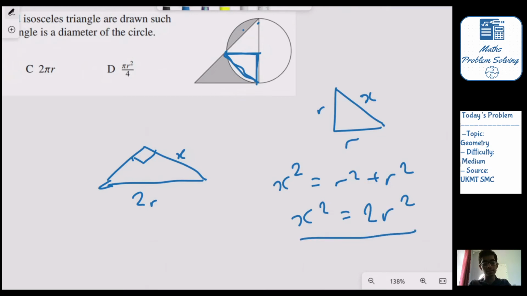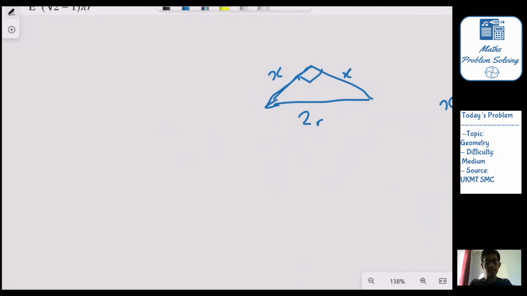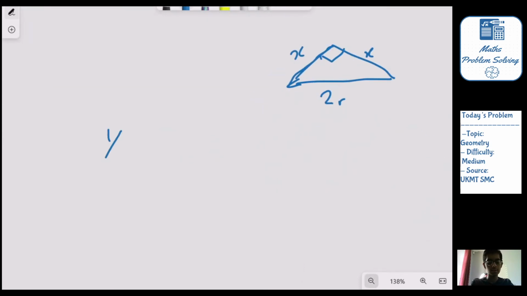And now we can relate this back to our main triangle, which we're trying to work out the area for. Both of these are going to be side length x. Therefore, the area of this triangle is going to be a half times x squared.